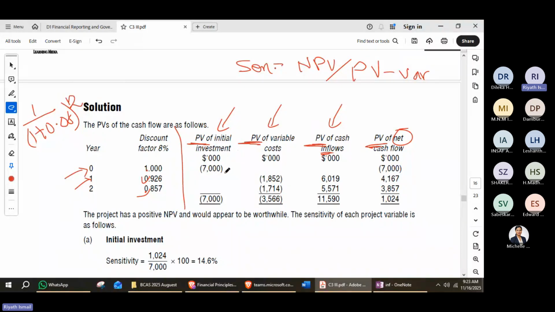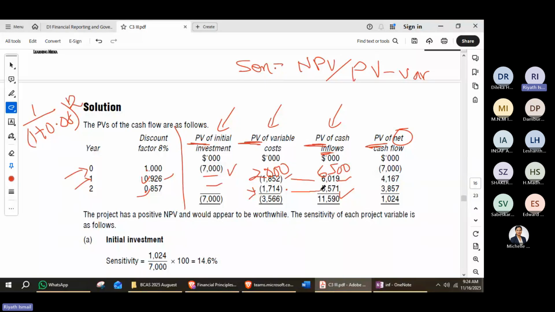The initial investment is 7,000, so 7,000 times 1 is 7,000, and there are no other cash flows here. For the present value of variable cost, we take 2,000 times 0.926, and 2,000 times 0.857 for the second year. In the same way we get the present values of the 6,500 inflows, the first and the second.